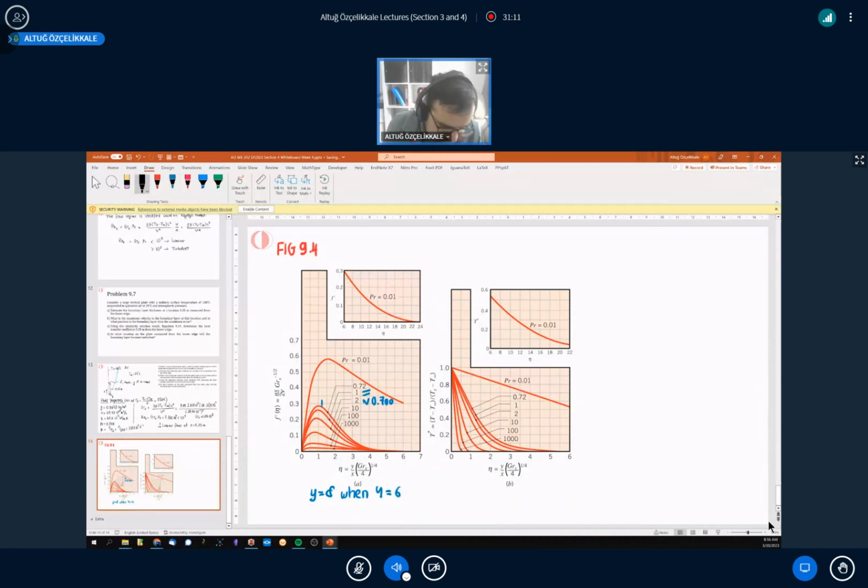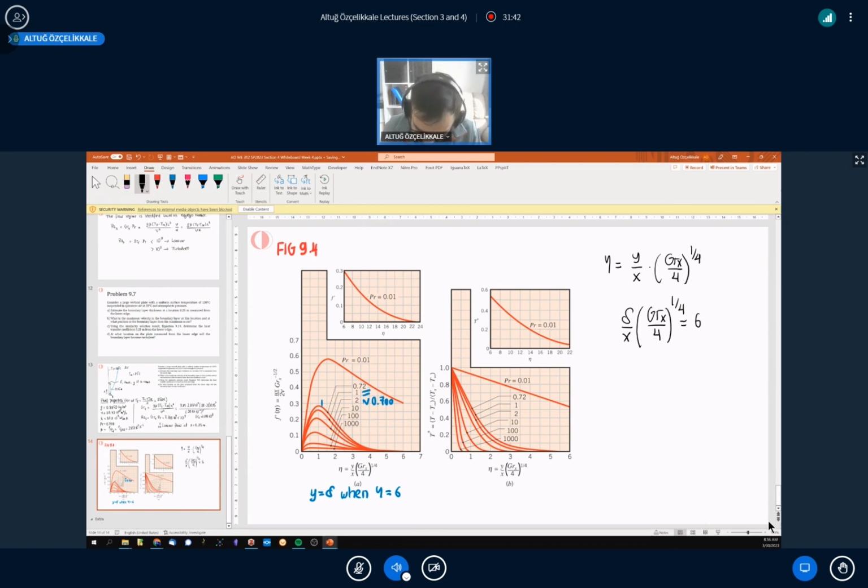So here we go. This is our actual gateway to obtaining a boundary layer thickness. What is the definition of eta? Y over x multiplied by the Grashof number divided by 4 raised to the power 1/4. If you substitute delta over here, we can write this as delta over x times the Grashof number divided by 4 raised to the power 1/4 equal to 6.